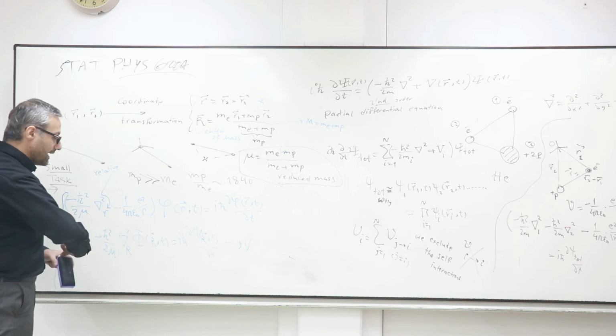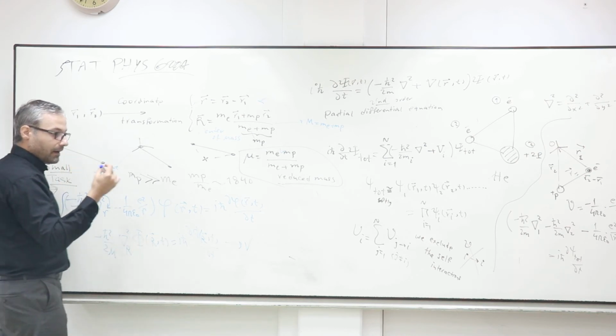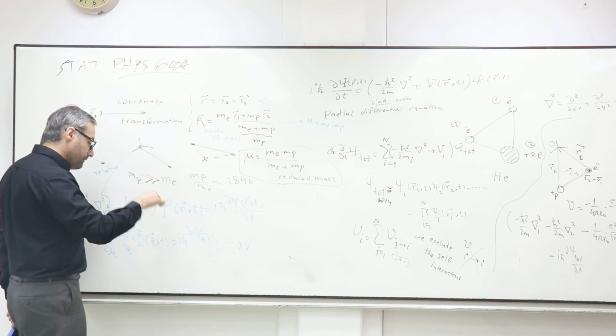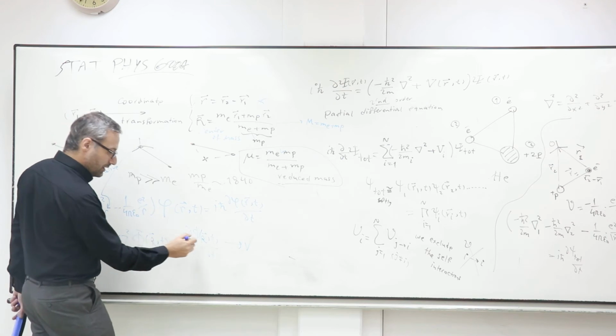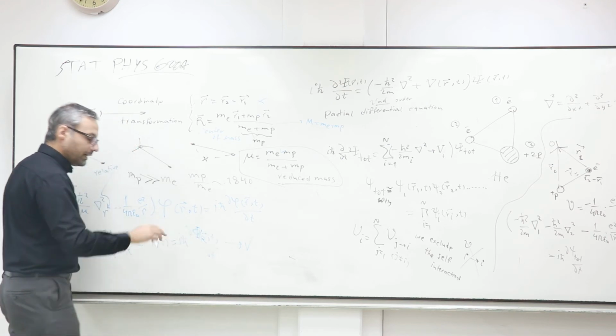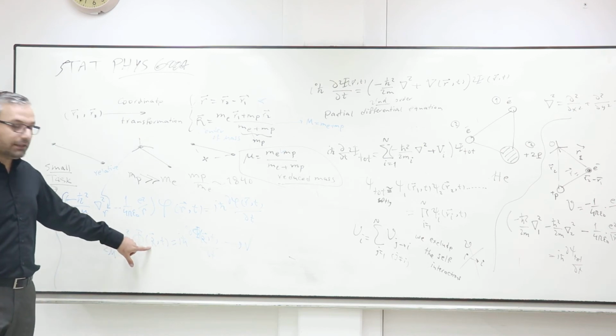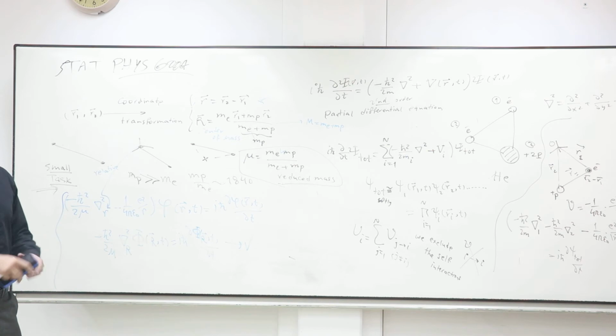So this solution gives you the wave function for the center of mass, and it doesn't move. The phi doesn't change. If there is an initial phi, after some time it will remain the same, because the center of mass doesn't move.